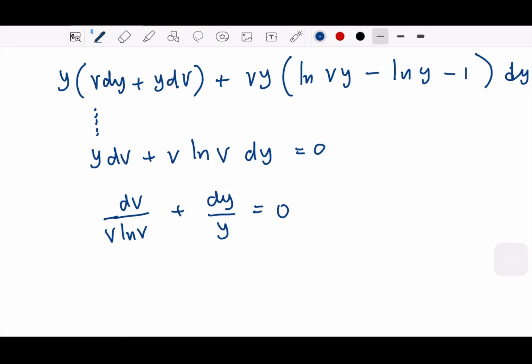Now we have, I think it's quite unique here, phi ln phi. Remember that the derivative of ln x is 1 over x. And it is going to have 1 over something.